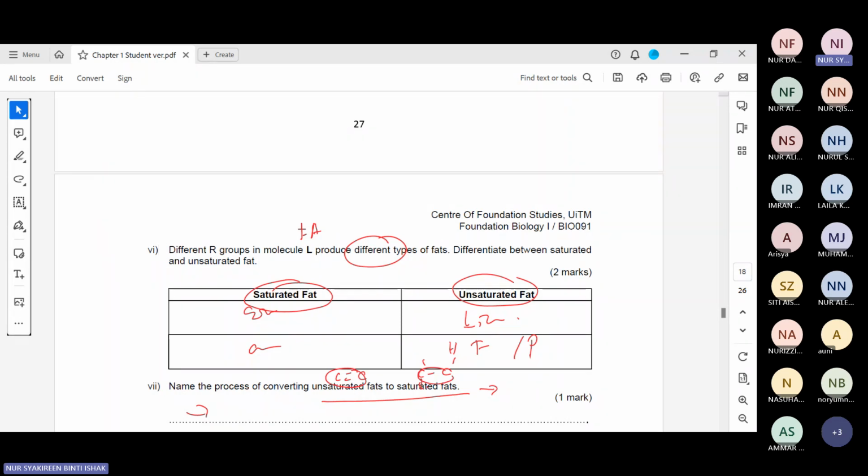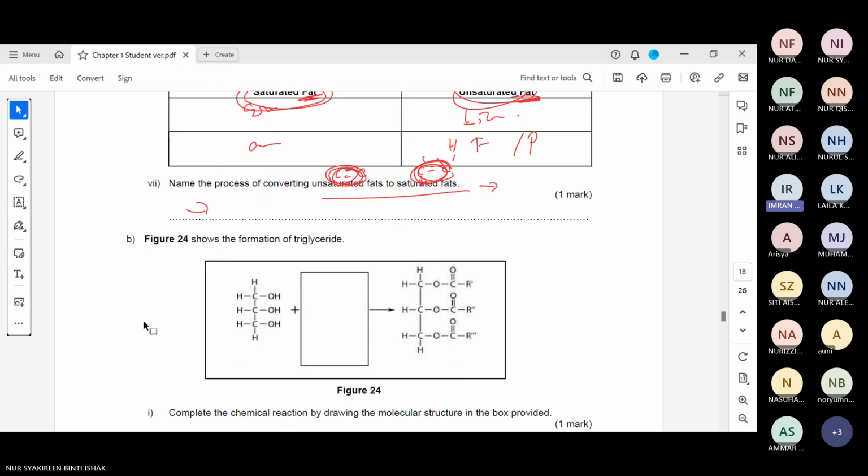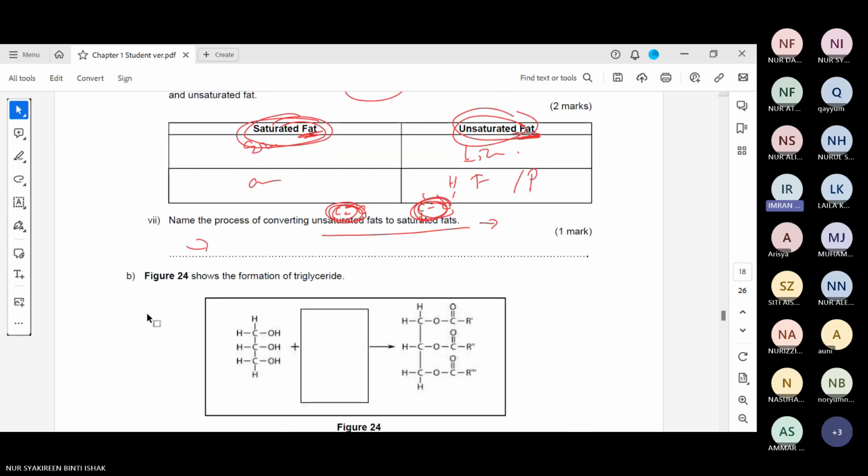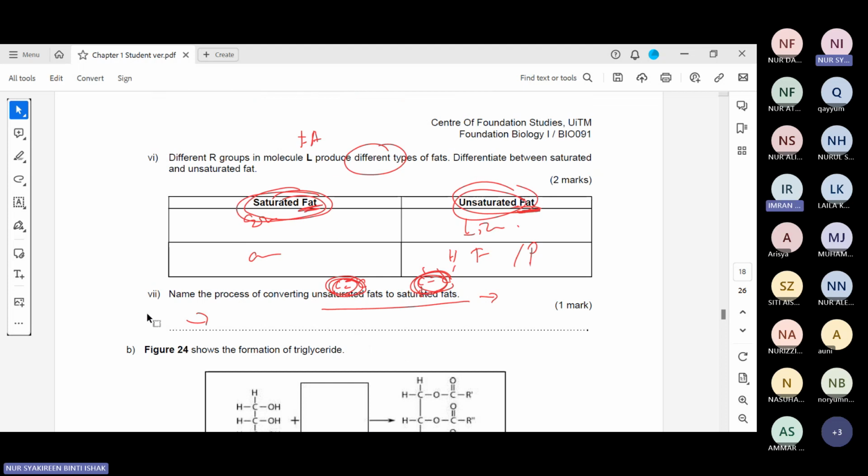Yang itu sebenarnya awak bezakan fatty acid. Yang ini di peringkat fatty acid punya perbezaan. Faham tak? Kalau soalan dia cakap pasal fat, it is referring to the whole fat tu. This one is komponen dia, komponen dalam fat tu. Boleh? Okey. Yang number of hydrogen pun tak boleh sebab itu kat peringkat fatty acid.